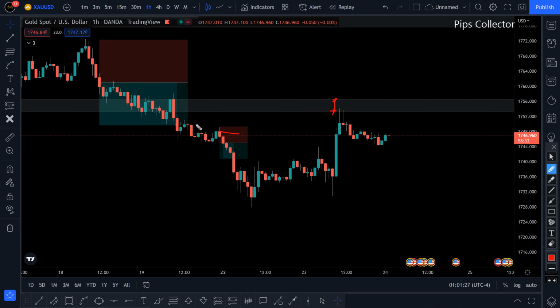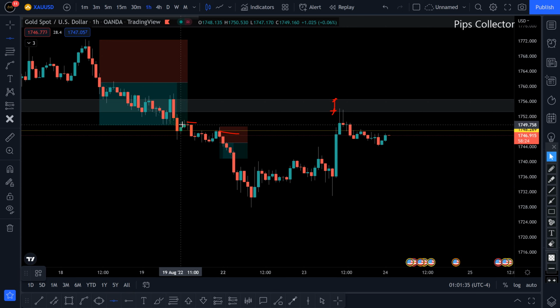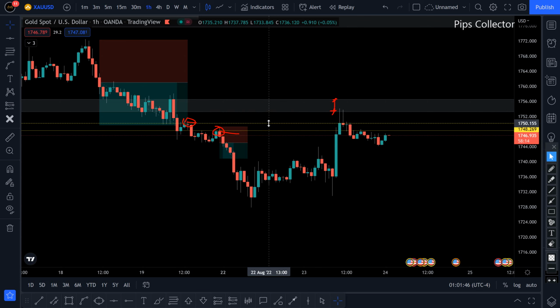It could react from here, it could react from here. Watch the forecast for yesterday to get a better understanding. And if you check those levels, I said, not I said, the market told us it's going to react from those levels. Here, here, those levels, price reacted to the peep on them.